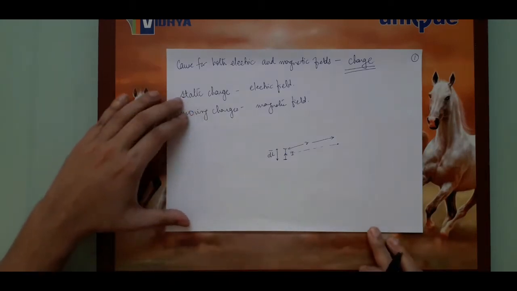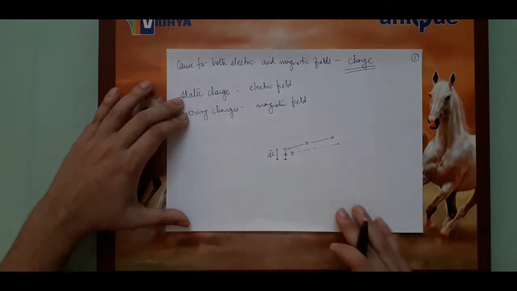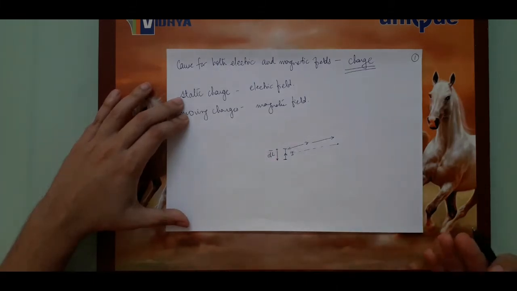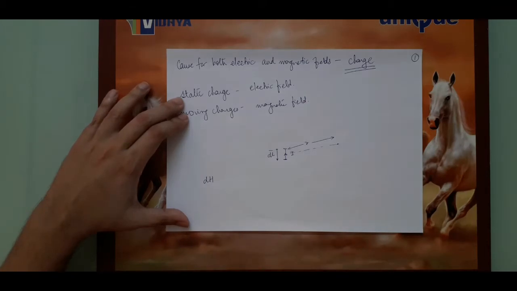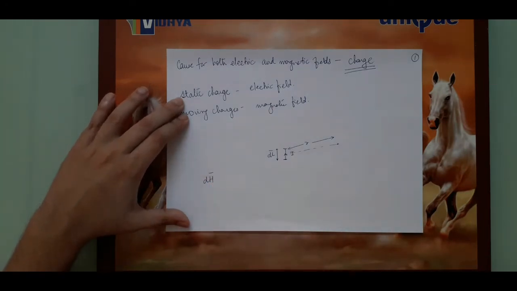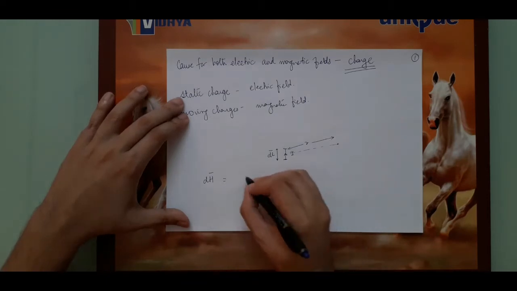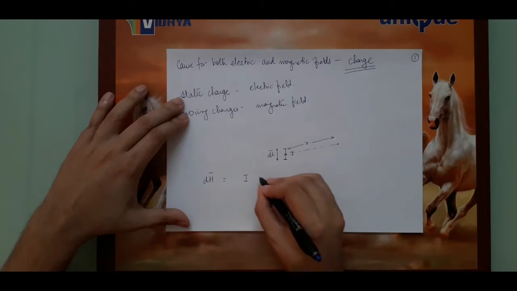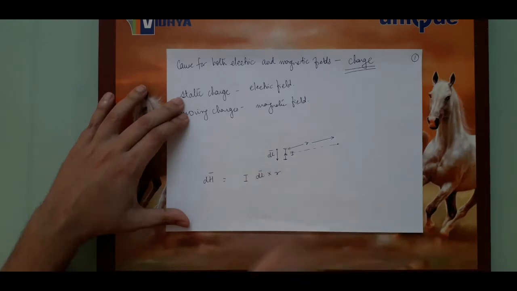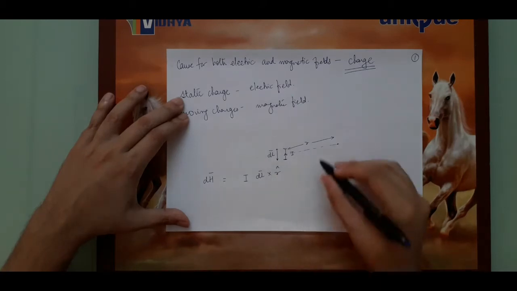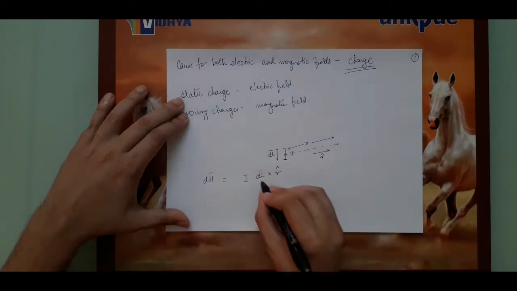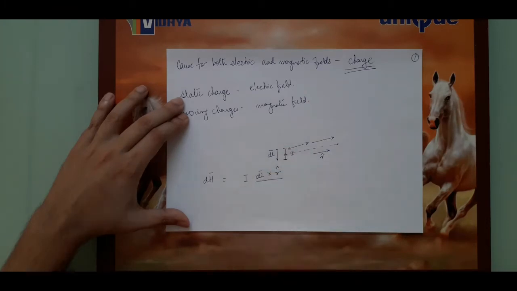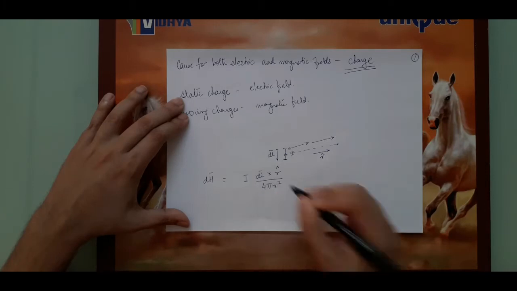The magnetic field intensity, just like electric field intensity was represented using the symbol E, is represented using H. But since we are talking of the effect of a small current element, we write the magnetic field as dH, and that is nothing but the current I, which is not a vector, dl cross r cap, where r cap is the unit vector along the radial distance away from the current element, divided by 4 pi r square.